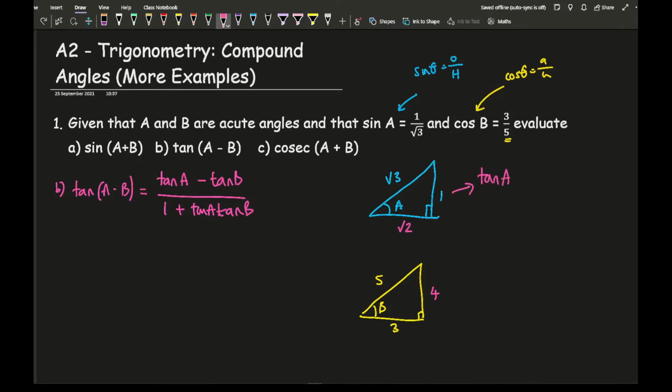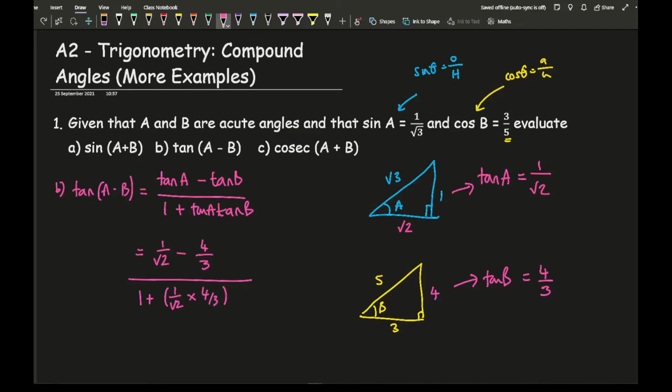So here tan A, now tan is opposite over adjacent, so that's going to be equal to 1 over root 2. And using the second triangle, tan B is going to be equal to 4 over 3. So from this, I can then substitute those values in. So I've got 1 over root 2 minus 4 over 3, all over 1 plus 1 over root 2 times 4/3.